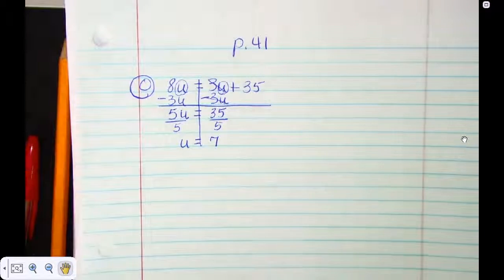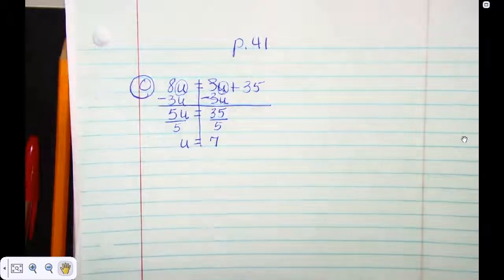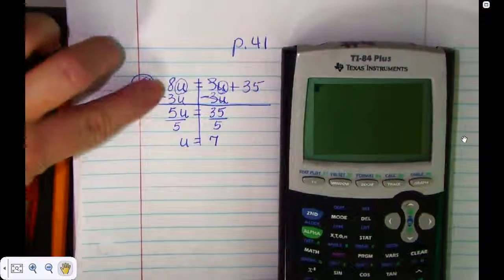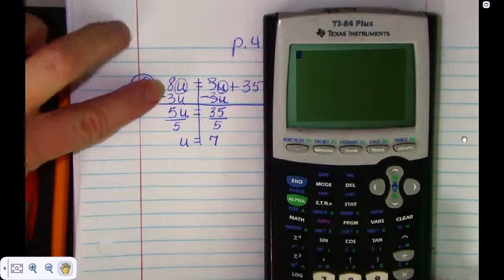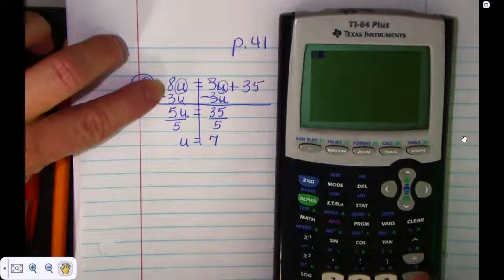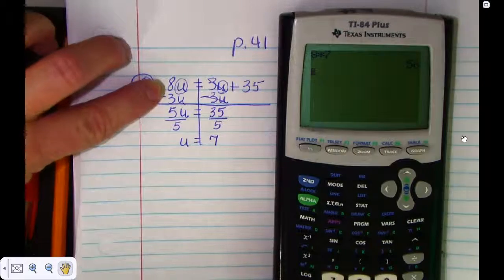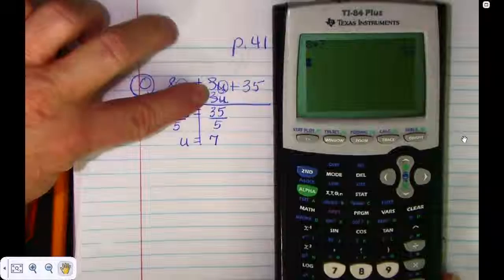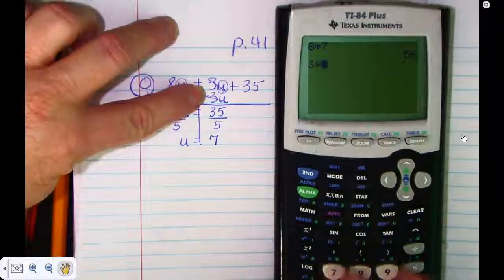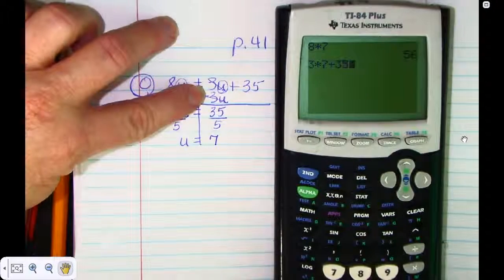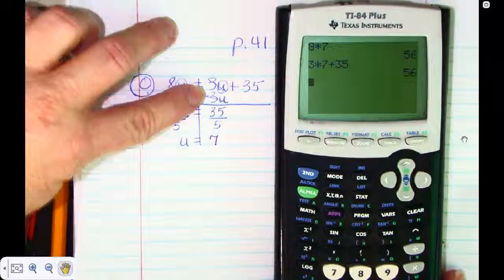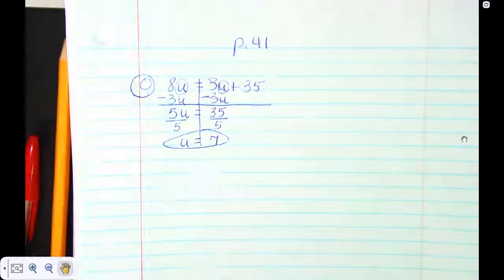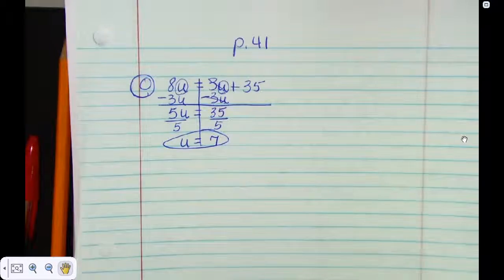So you will put 7 in both sides of the equation. We all know 8 times 7 is 56, correct? So now we have to get 56 on the other side. 3 times 7 plus 35 equals 56. U is 7.